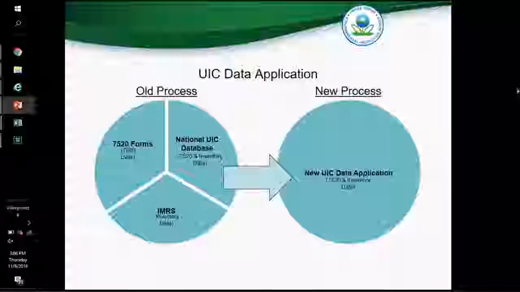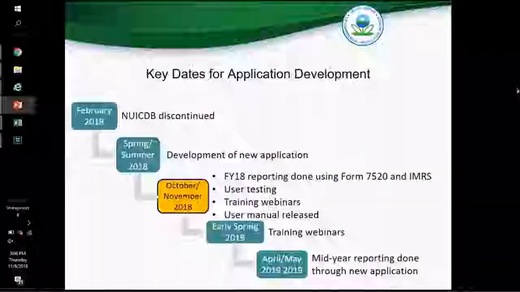And so the new application that is being developed will replace those 3 mechanisms and will serve as a one-stop shop for 7520 1 through 4 and well inventory data submission. In addition, it will house various reporting and analysis tools that the UIC programs may find useful.